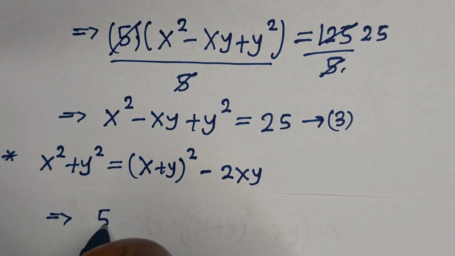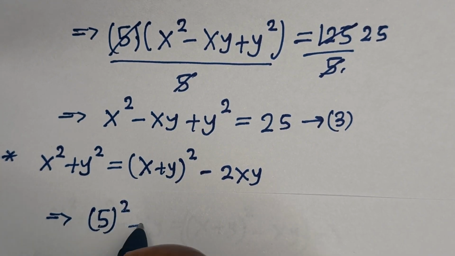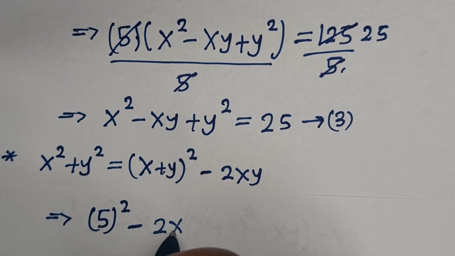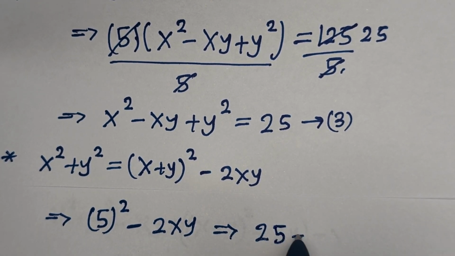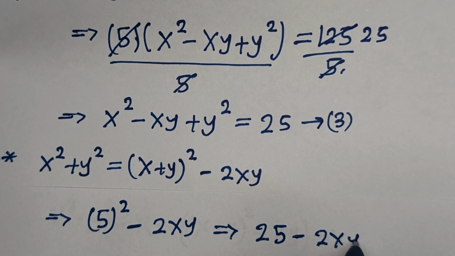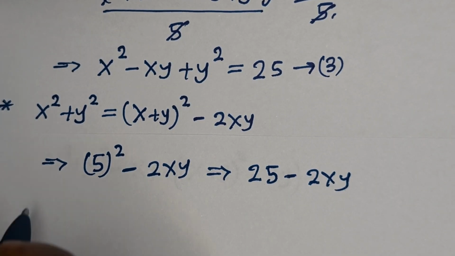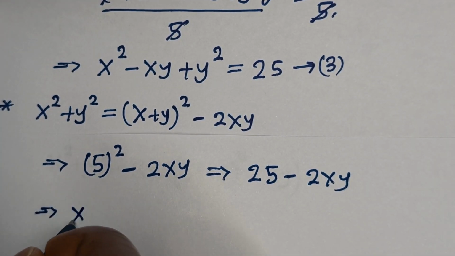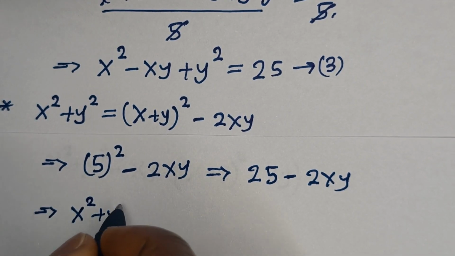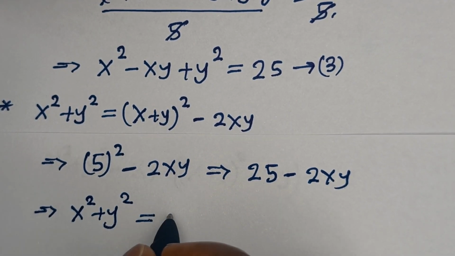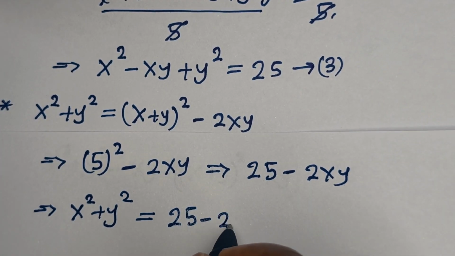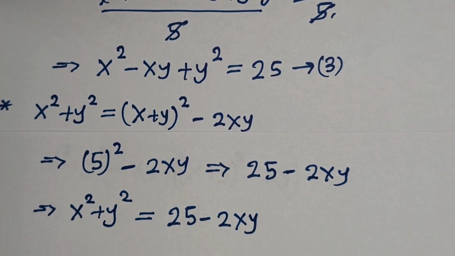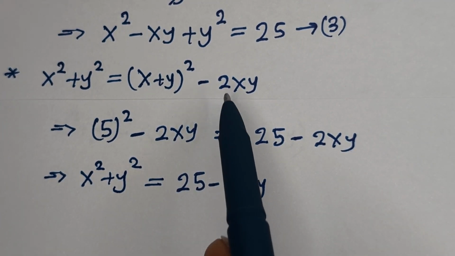This is 5 square minus 2xy, and this is the same thing as 25 minus 2xy. Therefore, x square plus y square is equal to 25 minus 2xy.